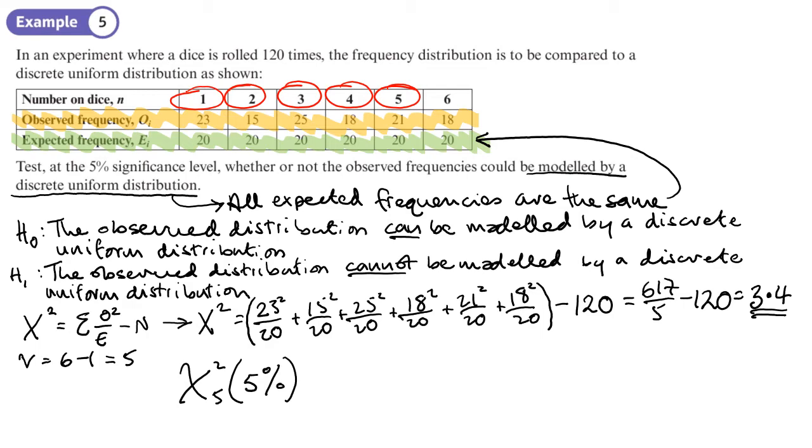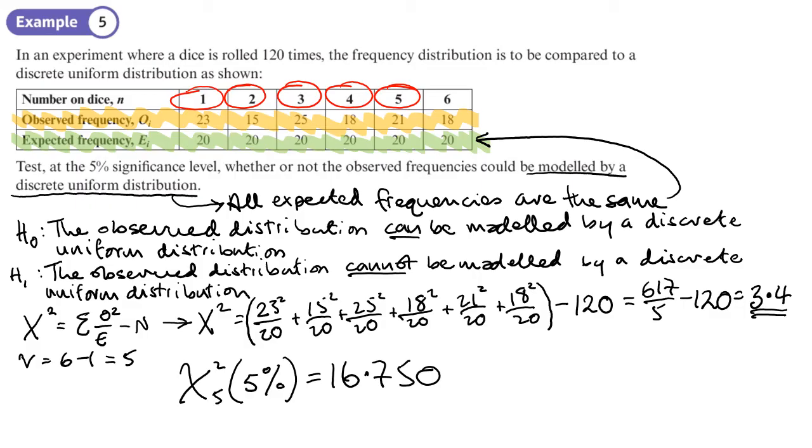So this is where we jump to the table on page 192, which I'm going to do now, row 5, and the column with 5% significance, and 16.750.